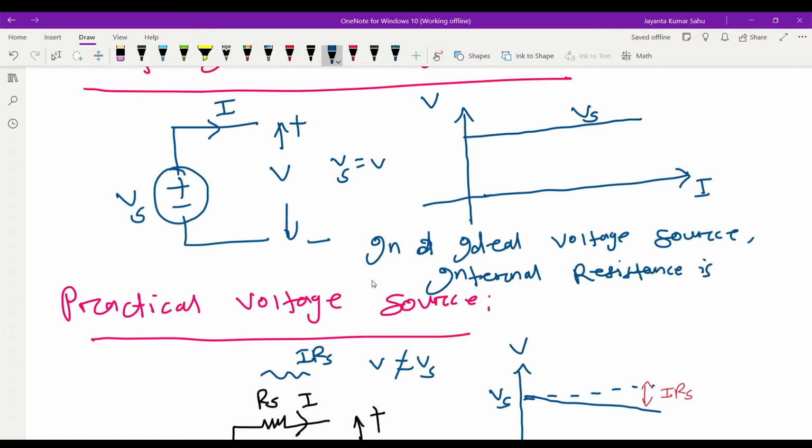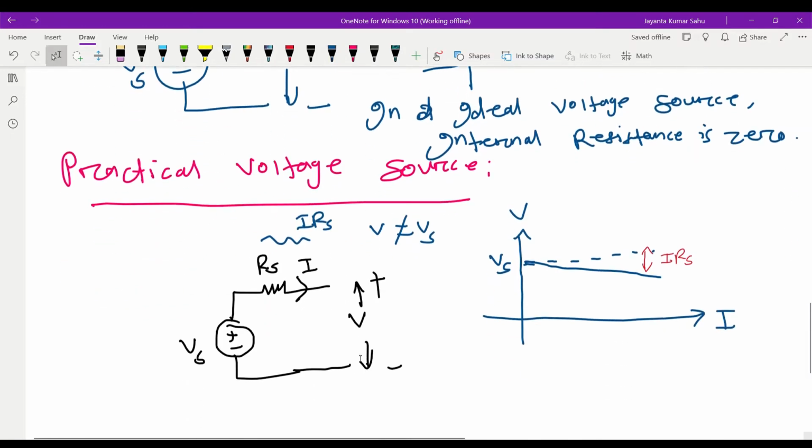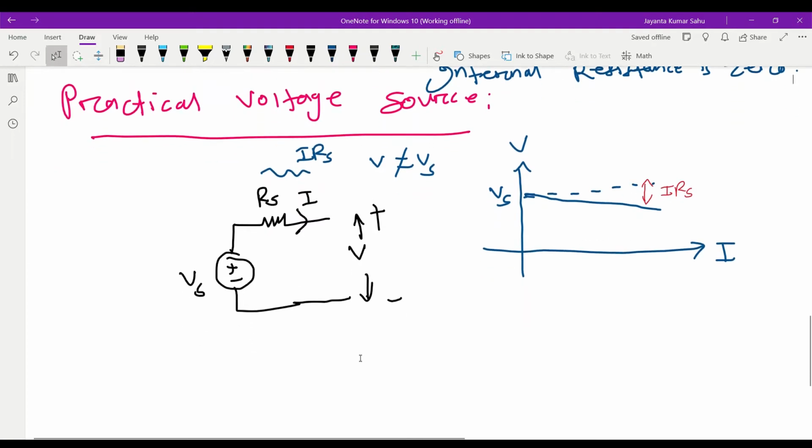But in the practical voltage source, there is some amount of internal resistance, a very small amount. Why is internal resistance available in the practical voltage source? Due to the presence of electrolyte and electrodes, we have an internal resistance. Therefore, the source voltage is not the same as the load voltage.